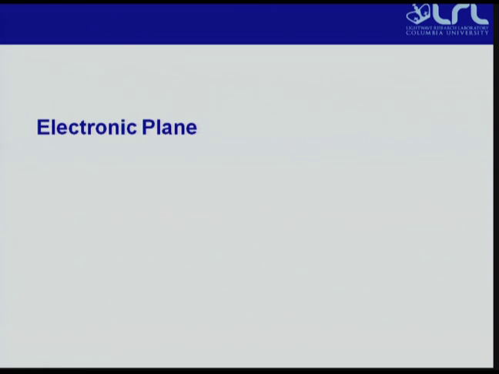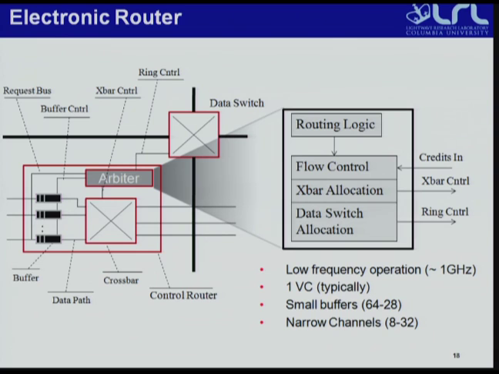So I'm going to take a look at some implementation kinds of things. The electronic plane looks pretty much how you think it would. We have the usual diagram of how an on-chip electronic router looks, where we have input buffers over here. They make a request of an arbiter who grants them access to a crossbar, basically. Now the only difference is that the arbiter also controls access to the data switch.